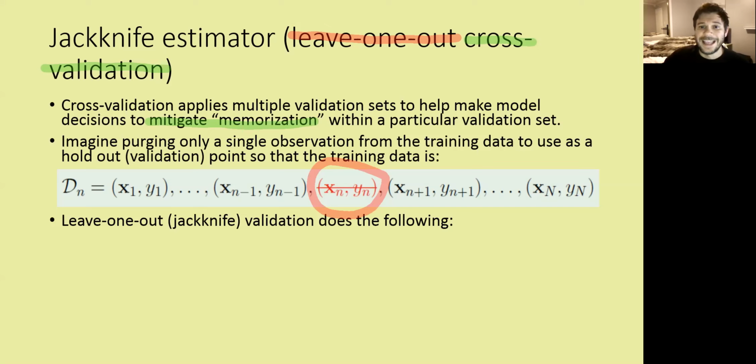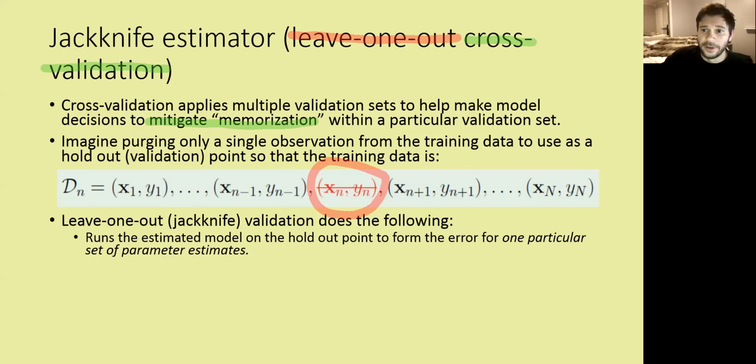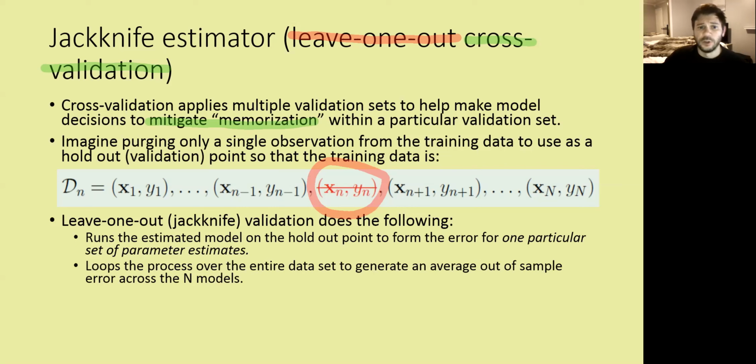And then we take the average of all n of those error terms. So we're running the estimated model on that holdout point for one particular set of parameters, and then looping this process over every single data point to generate an average out of sample error. So we're averaging the out of sample error across these n models.